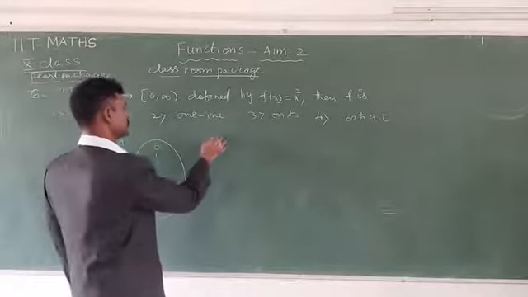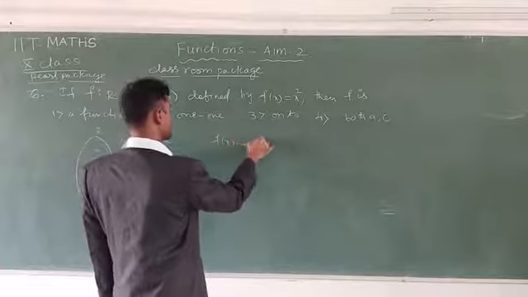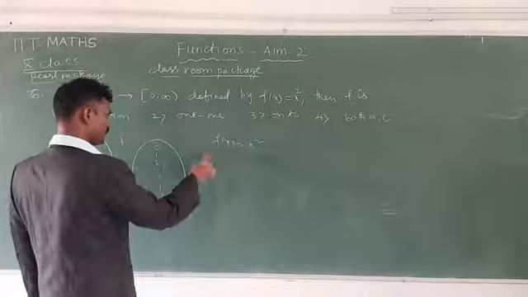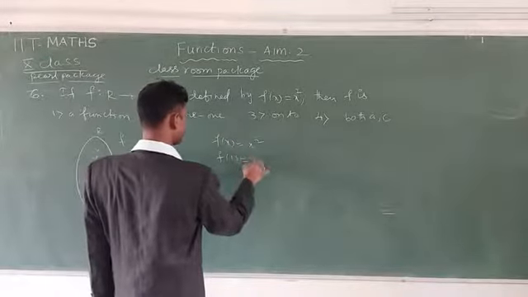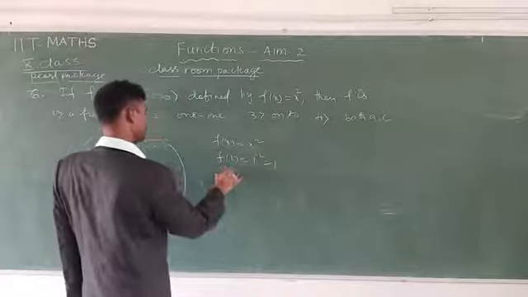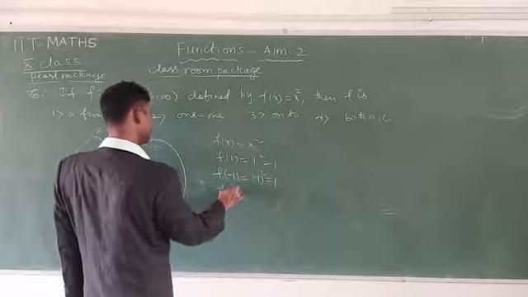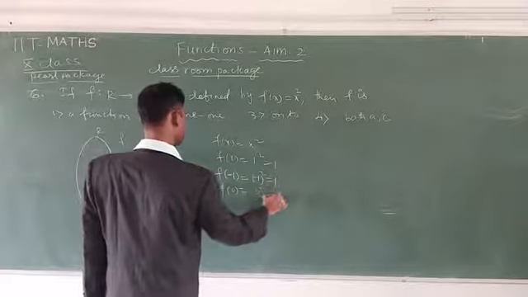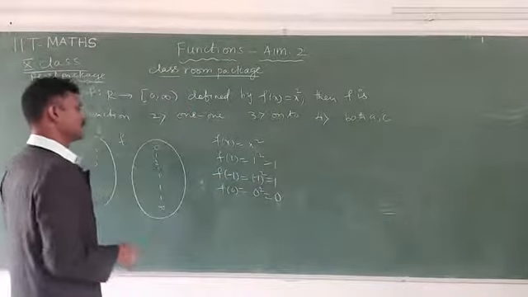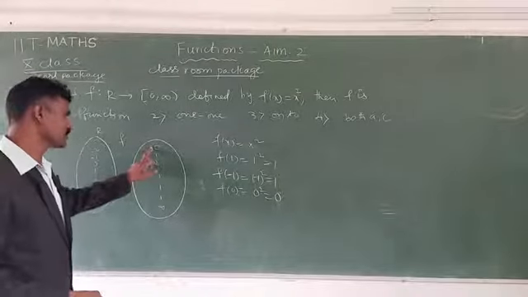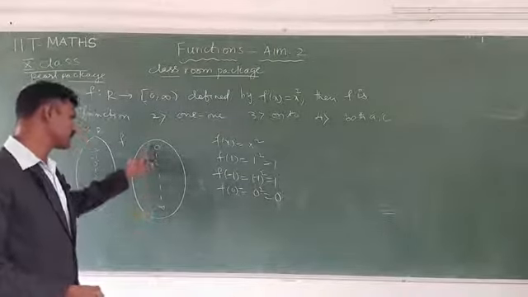Now you can write f of x is equal to x square. F of 1 is 1 square, 1. F of minus 1 is minus 1 square, 1. F of 0 is 0 square, equal to 0. Now you can take any negative value also, and the values between 0 and plus infinity will come.